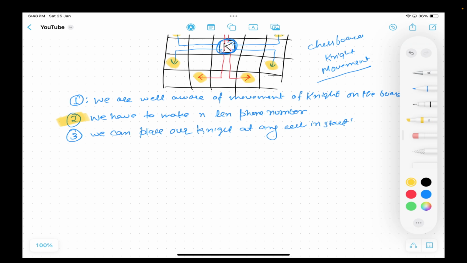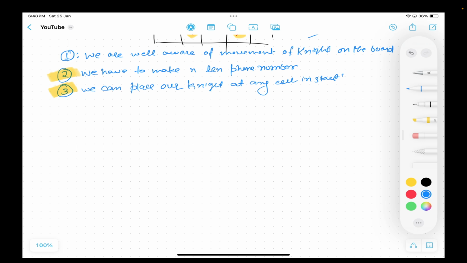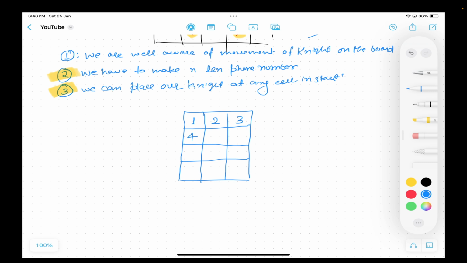Now let's try to create the board. Our dial pad looks like this. We have 3 columns and 4 rows. Let me write the numbers: 1 2 3 4 5 6 7 8 9. This is 0, and here you cannot start, so let me mark it as star.